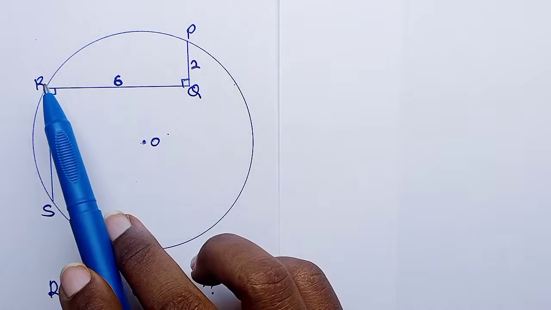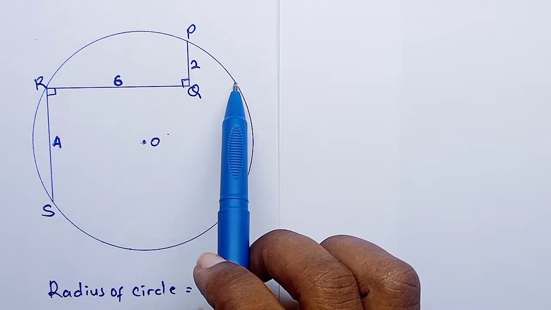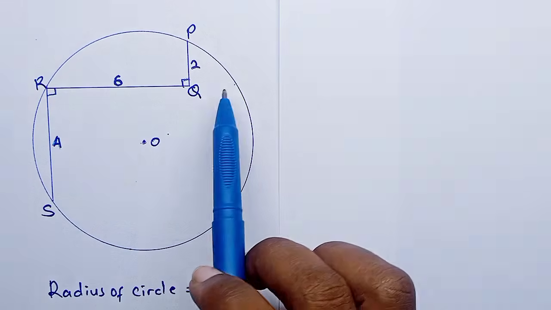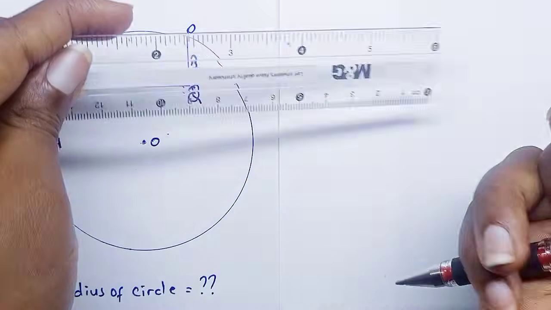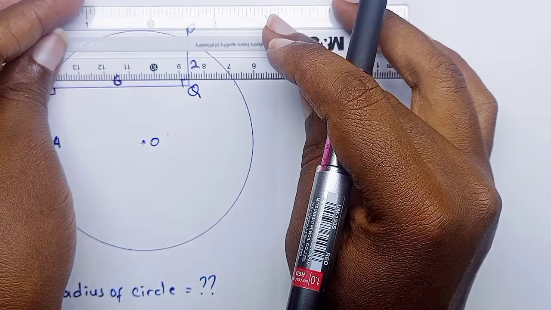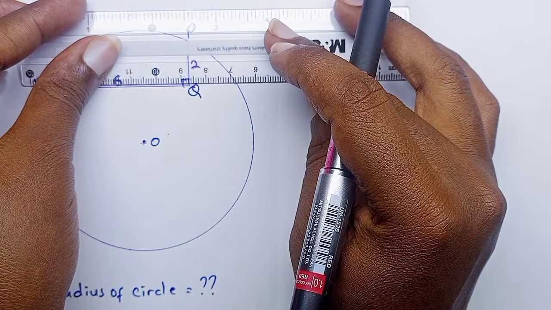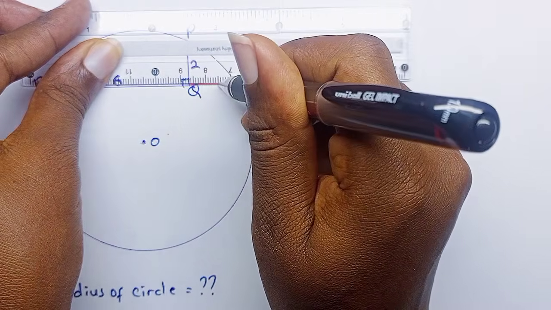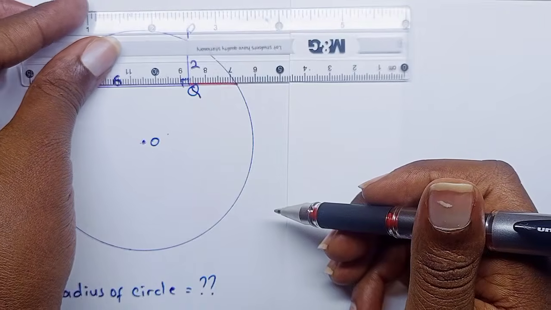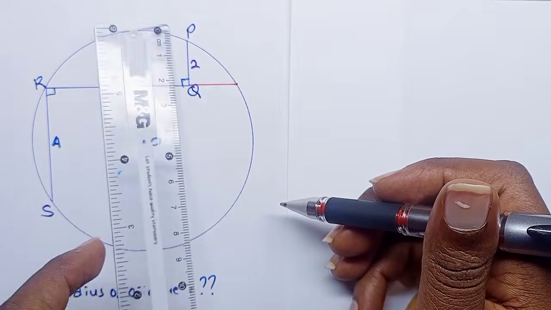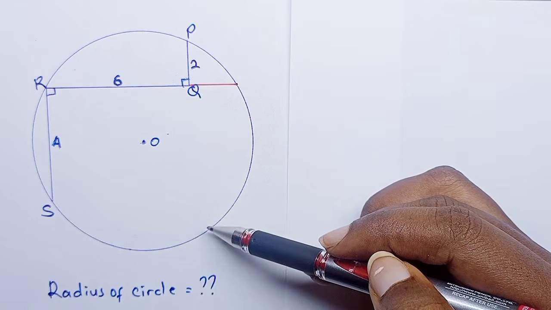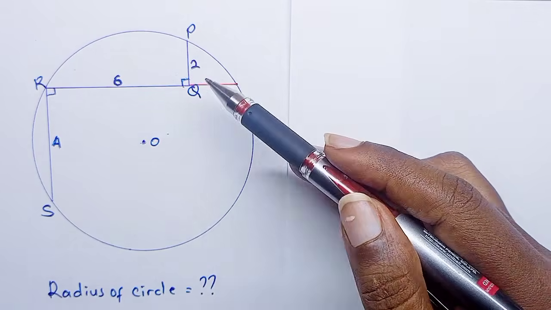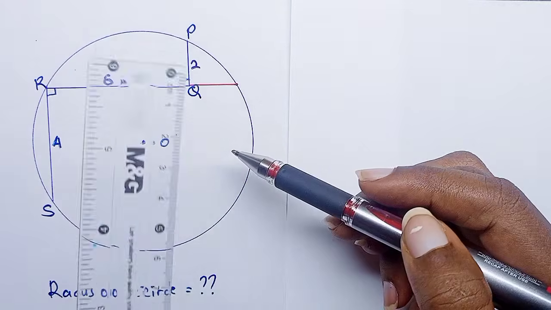Next, let's extend this line RQ all the way to the circumference of the circle so that we come up with a chord. Next, let's also extend this line PQ all the way to the circumference downwards so that we come up with a chord as well.